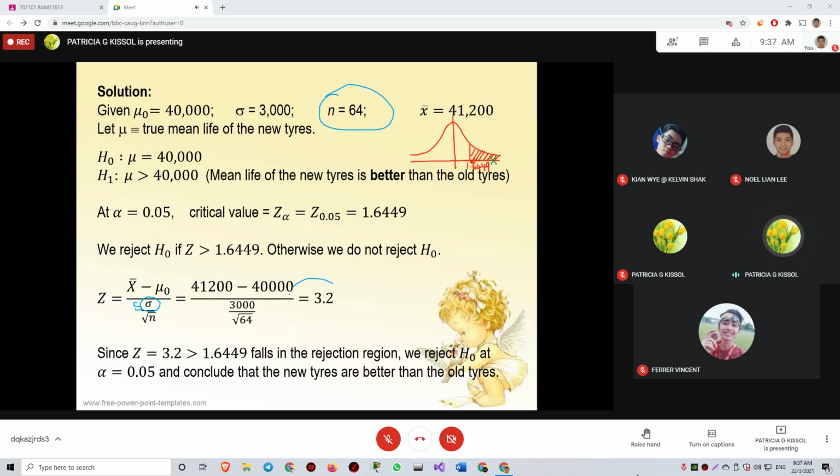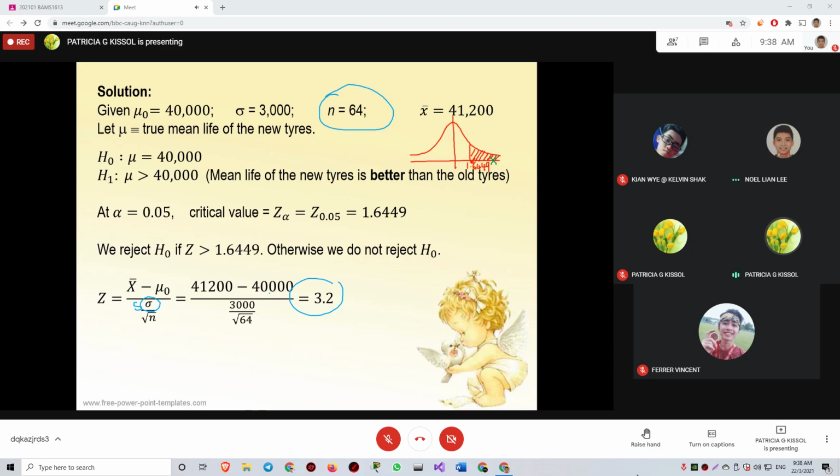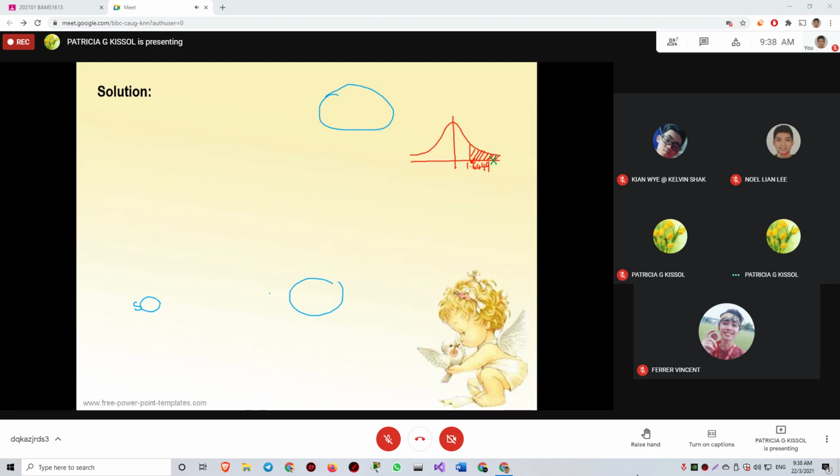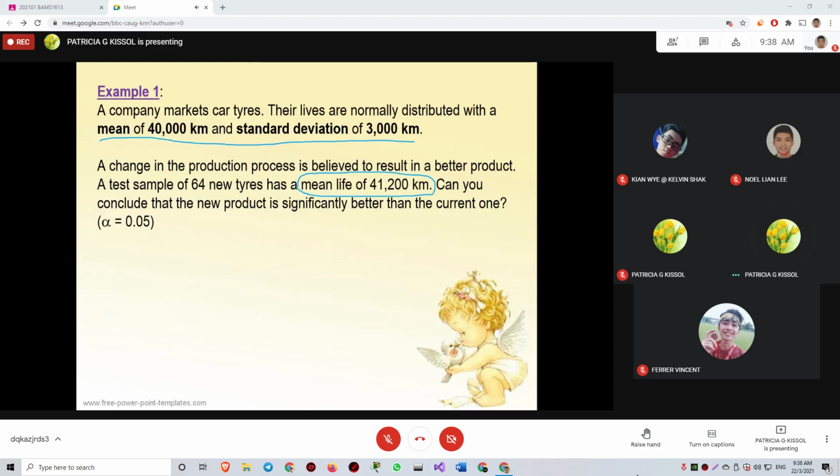What I'm concerned with is that you get the correct value of the test statistic. The standard deviation refers to which one, the sample or the population? We refer to the population, sorry, because the standard deviation for the sample is not given. This is the sample one.